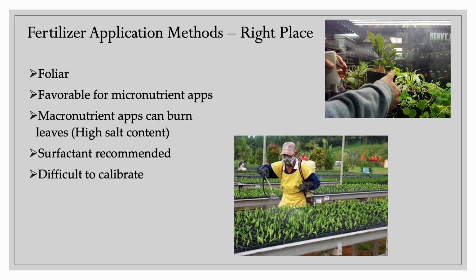We'll actually burn the leaves because we have that high salt content. And so that goes to osmotic potential. This can be difficult to calibrate, but research has shown that micronutrients typically are better absorbed through the plant when they are applied as a foliar application.